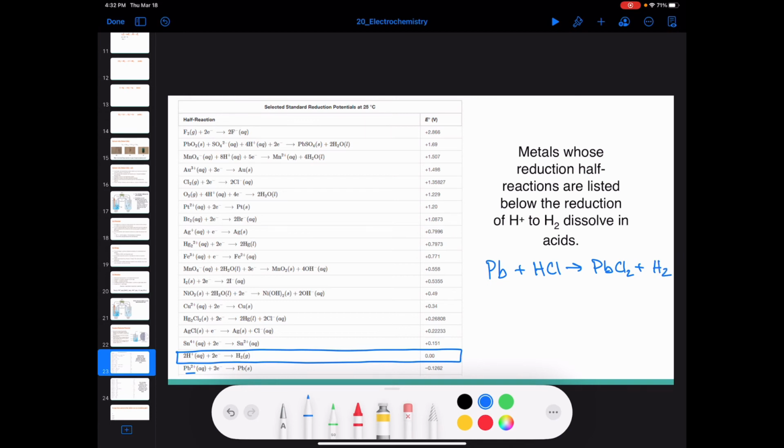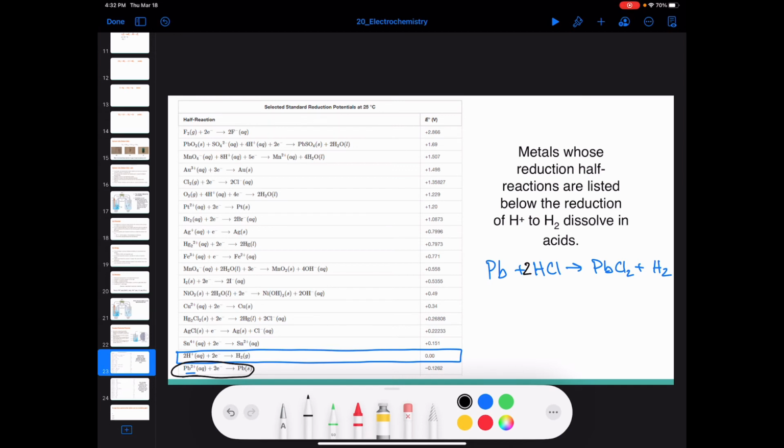I'd have to balance that and put a 2 there, but you get the idea. The reason this reaction takes place is that lead wants to give away electrons and hydrogen wants to gain those electrons, because lead is below hydrogen, so it is more willing to give up electrons than hydrogen is. So hydrogen will take those electrons.